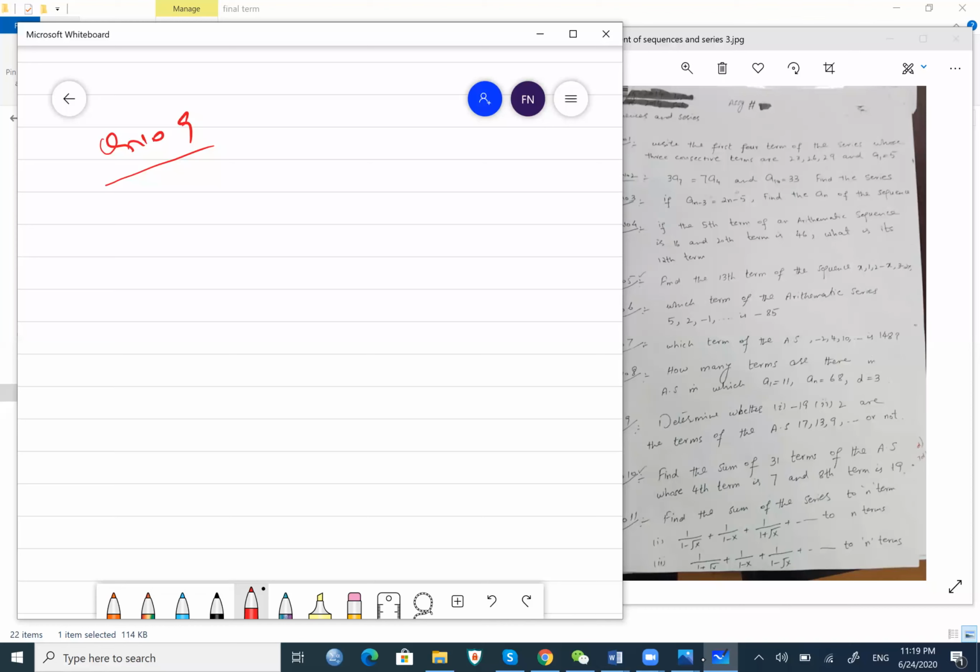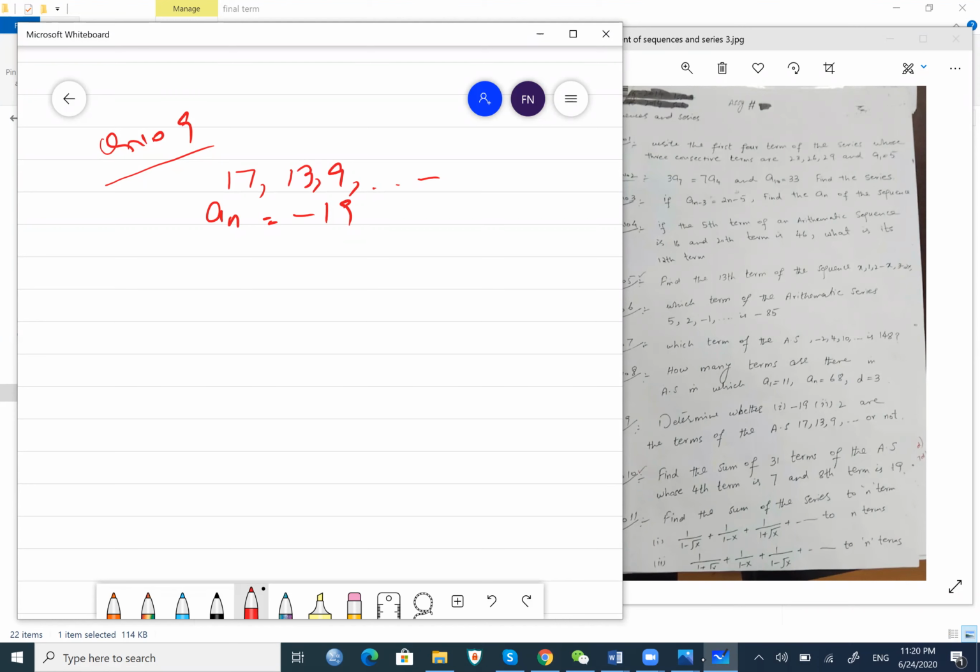So we need to determine whether minus 19 is a term of this sequence. First of all, we need to see whether it is an arithmetic or geometric sequence. For example, the sequence is 17, 13, 9, and so on. We can see that this is an arithmetic sequence with common difference minus 4.